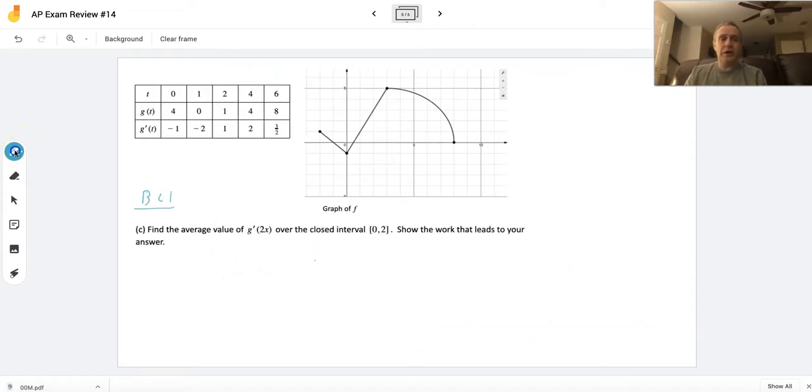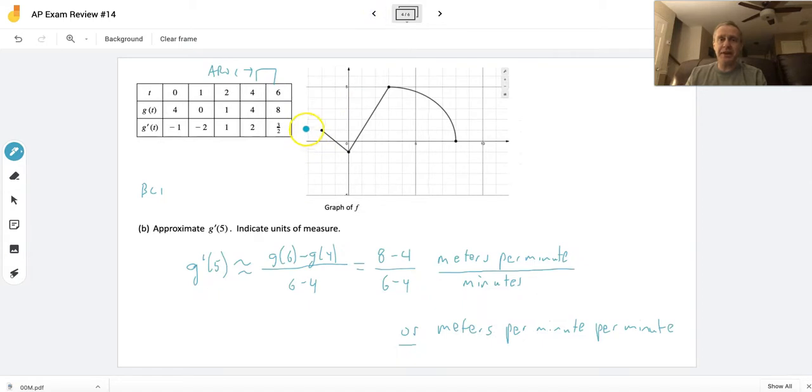All right, the next question I want to go over is going to be on the same BC1 problem, so we have the same information. And now I want to find the average value of a particular functional expression. While I had done this prior, I want to emphasize that finding the average value of a functional expression is different than finding the average rate of change, which we technically did to help approximate this particular derivative.